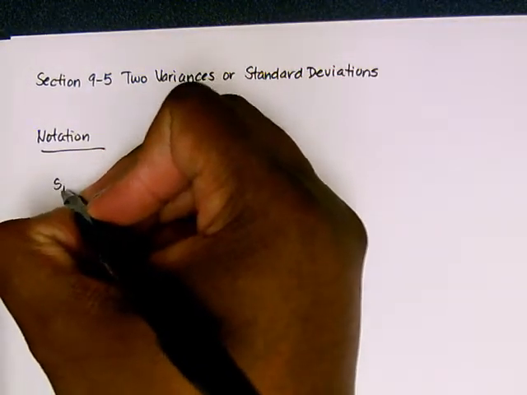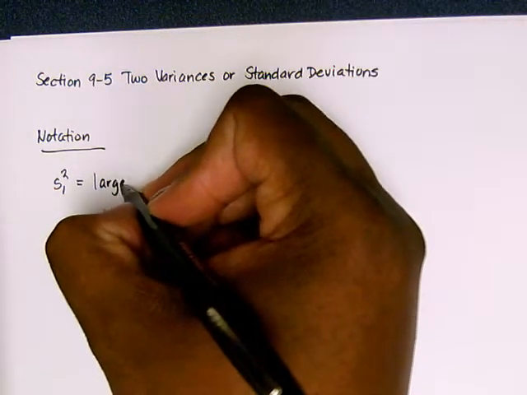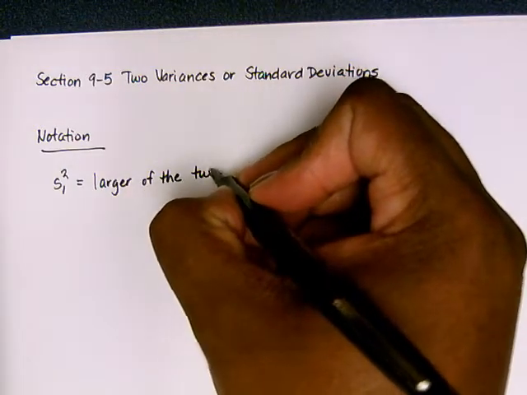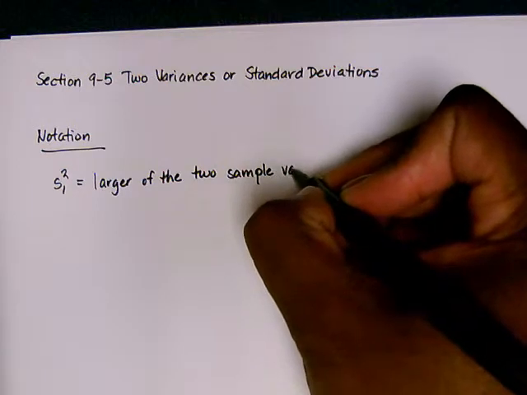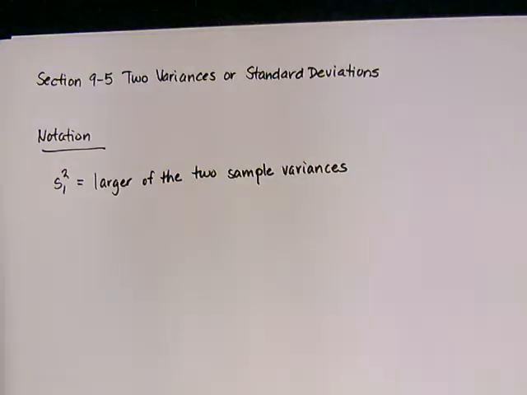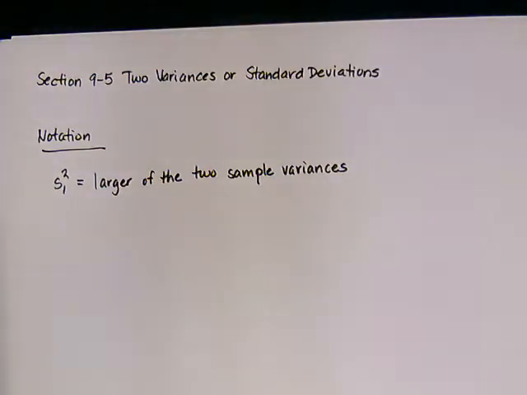Now first of all, S1 squared is going to be the larger of the two sample variances, because you'll be given two sets of data. Each set will have a sample size, each set will have a variance, and sometimes you may have your sample mean given to you, which in this case you won't need.